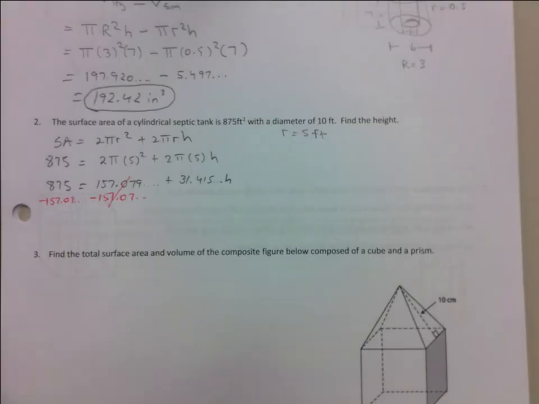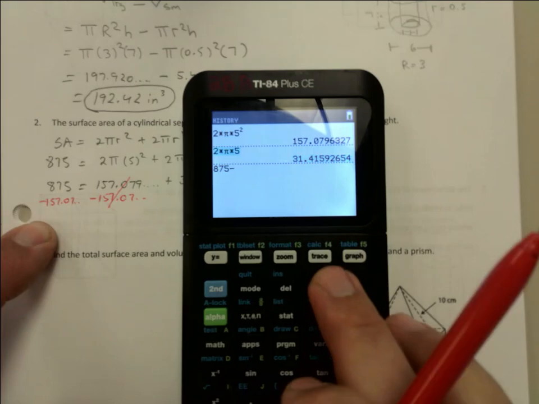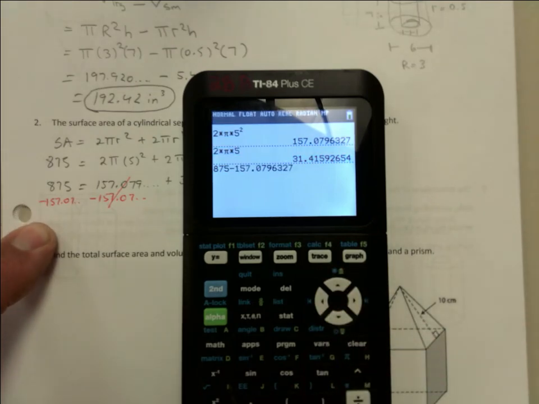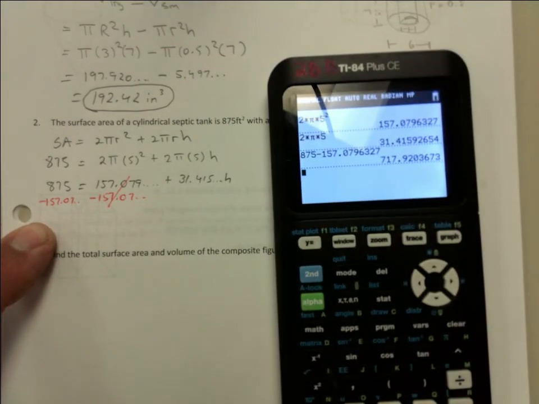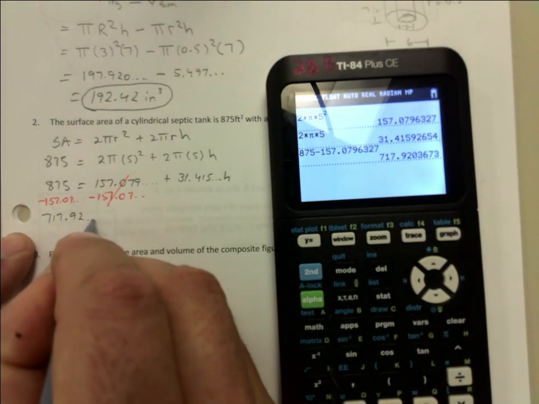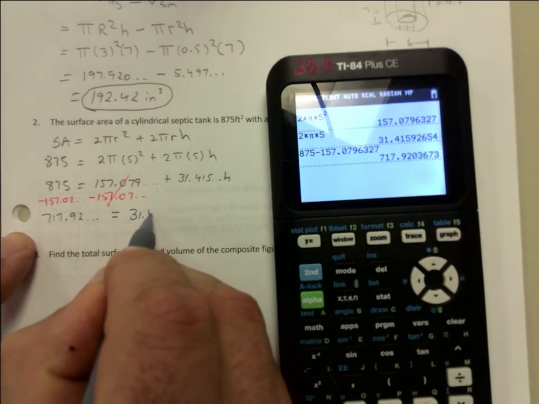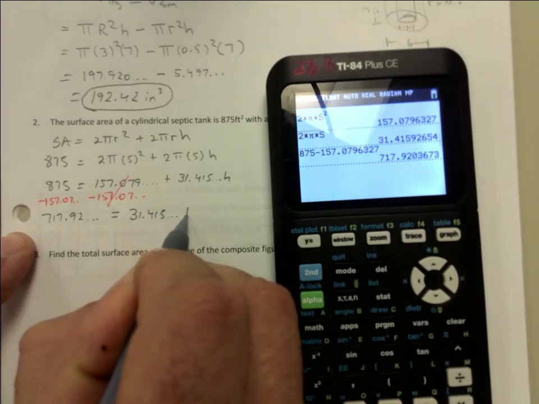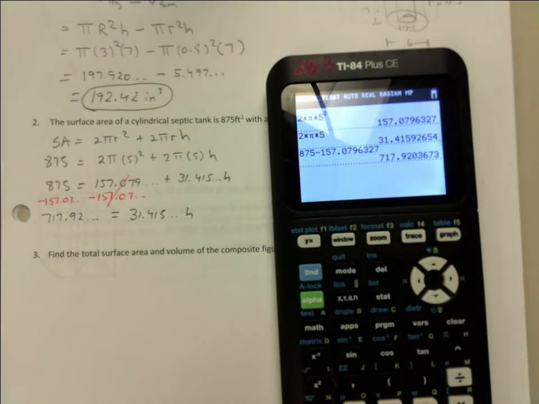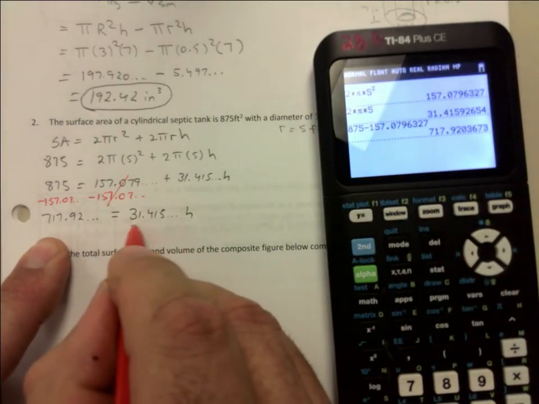Cancel that out. And so on this side, I go 875 minus, I take away the 157. So I'm left with 717.92 something. On the other side, I'm left with 31.415 something, right? And now I can divide both sides by that.